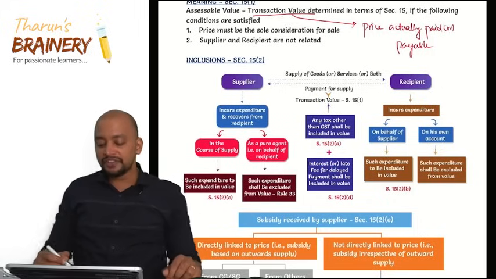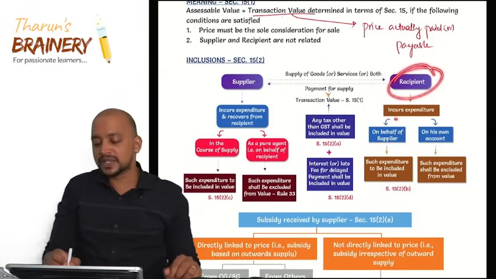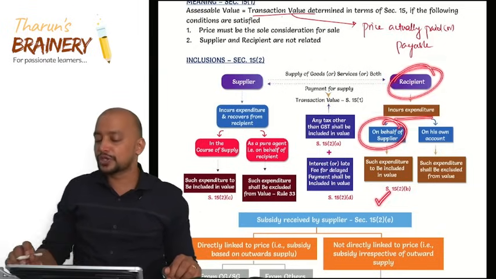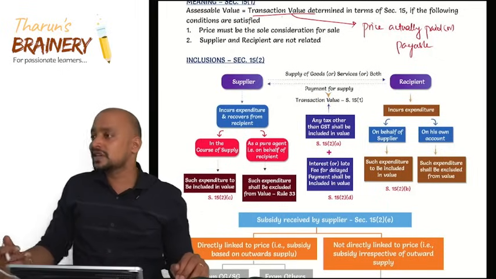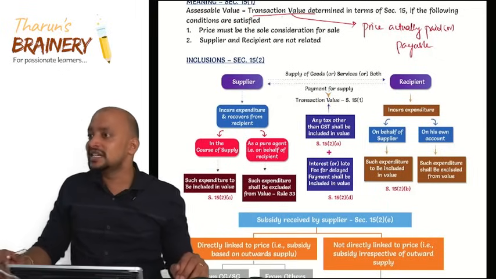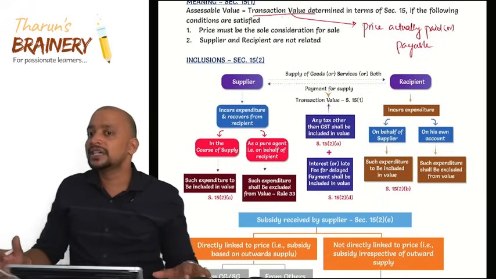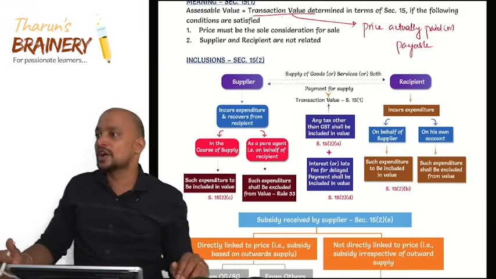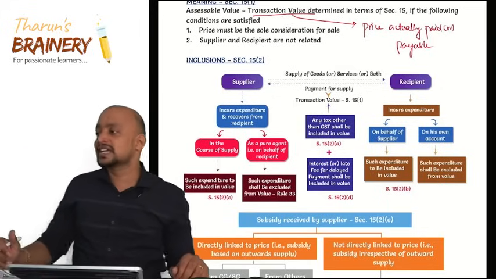Then 15(2)(b) says that if the recipient is incurring some expenditure on behalf of the supplier, that expenditure should be included in the value. Say for example, for an outstation audit engagement, it is the liability of the supplier as per the audit engagement to incur the transportation expenditure, accommodation expenditure, etc. But the client has incurred that expenditure.